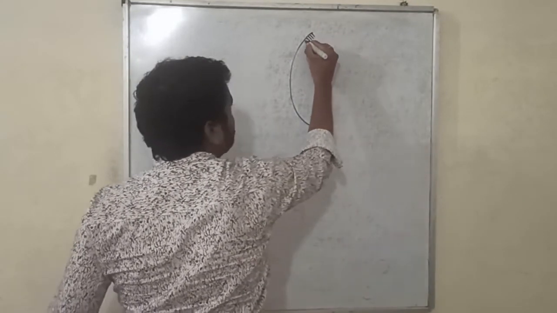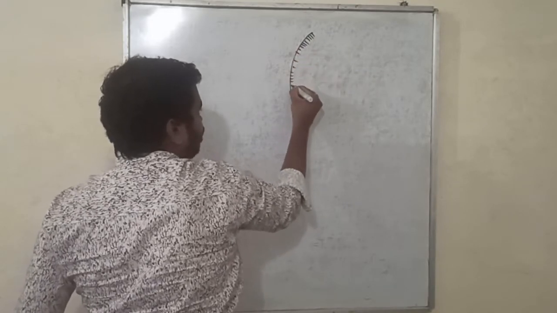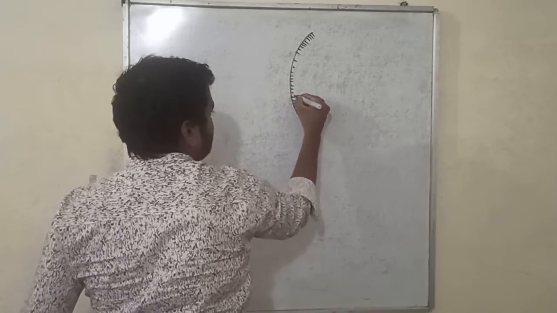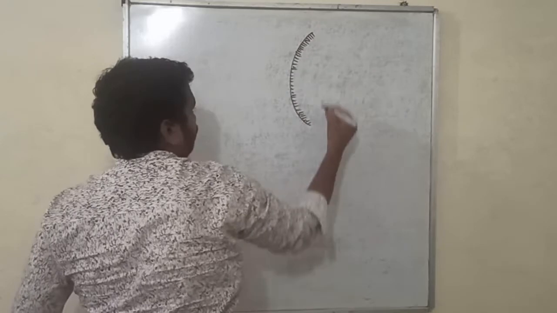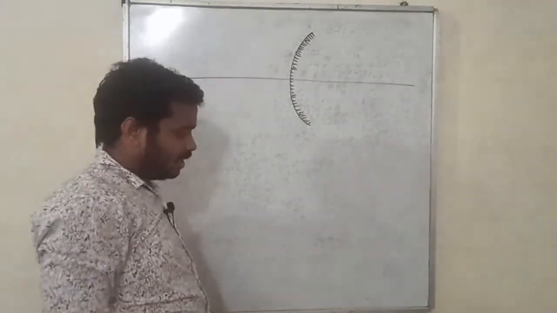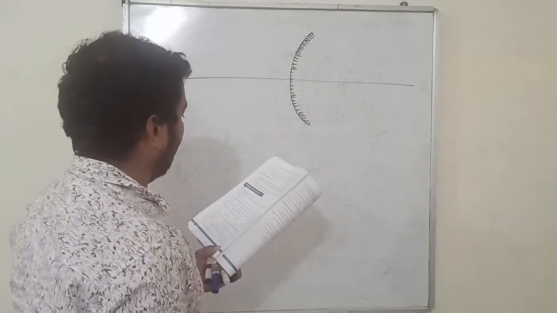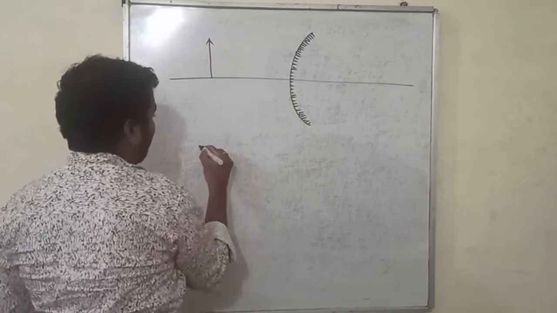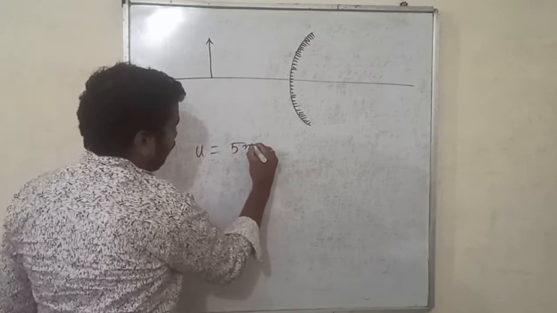Convex mirror in the sense you are going to shade the inner region and the bulging region will act as the mirror. Now this is the convex mirror, and he said that in front of this mirror at 5 meters, that means you are placing an object at a distance of 5 meters. u is equal to 5 meters.